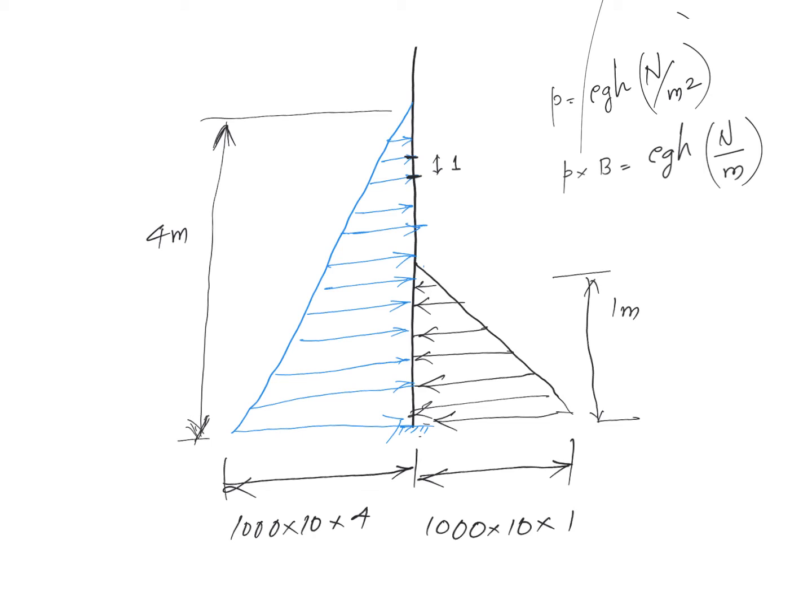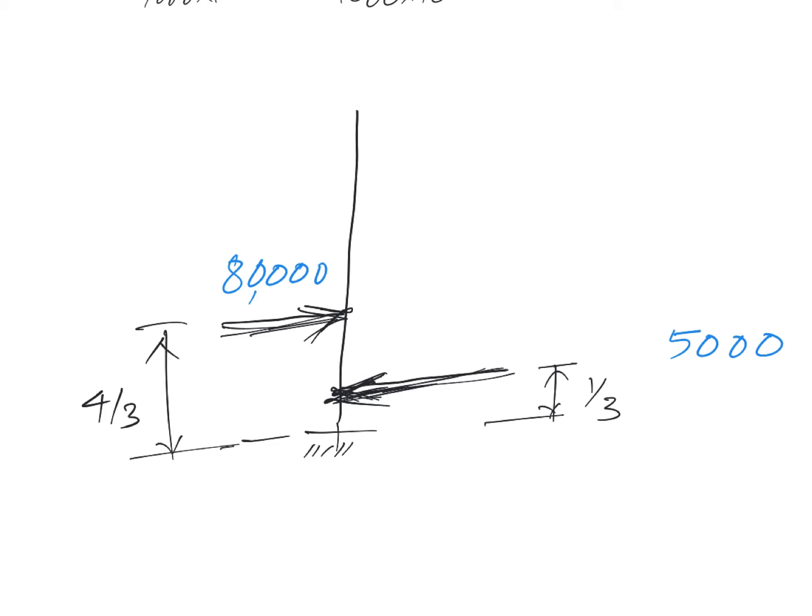Similarly here, and it will be acting at a point which is h by 3 from this point. It is closer to this side, which makes sense, because the centroid of this area is closer to the side with more area. So it will be acting at a distance of 4 by 3 from this base point, and here the resultant force will be acting at a distance of 1 by 3. Apologies for my poor sketch, but this is how the resultant loading will look.